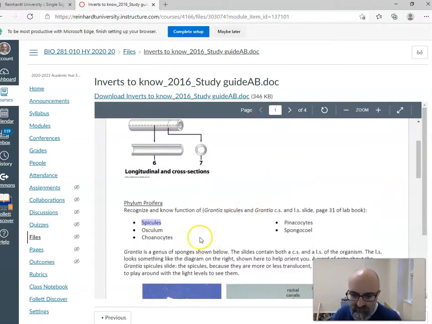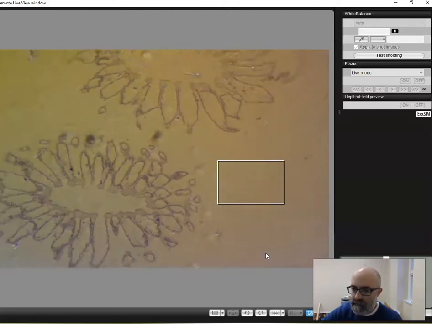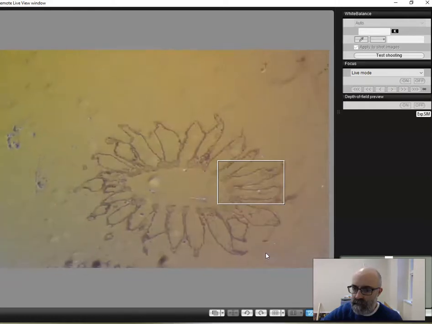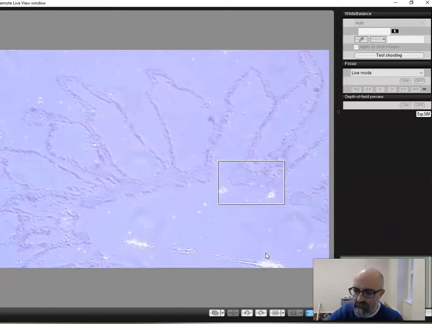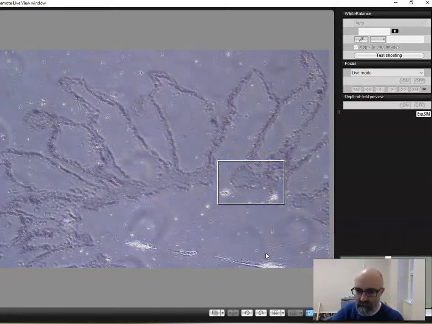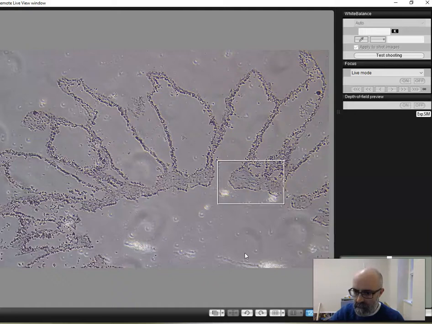What else are we looking for? Choanocytes and pinacocytes. The pinacocytes are basically like the skin of the sponge. So we're going to go back up to the cross section, and we're going to zoom in on this specific one. I'm going to change the magnification here and focus this. The pinacocytes would be this on the outside covering.